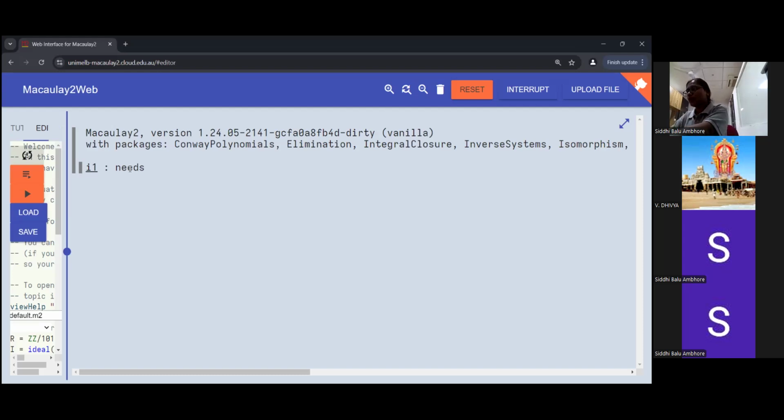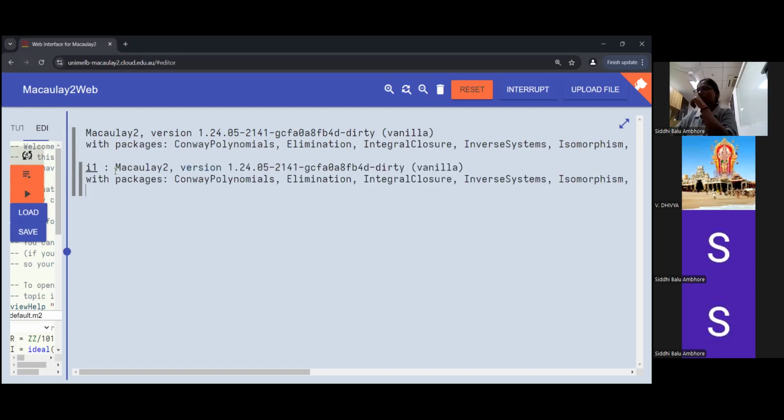So to find the Koszul complex, we need to use this package, ChainComplexExtras. Okay, let me just call it again with needs.